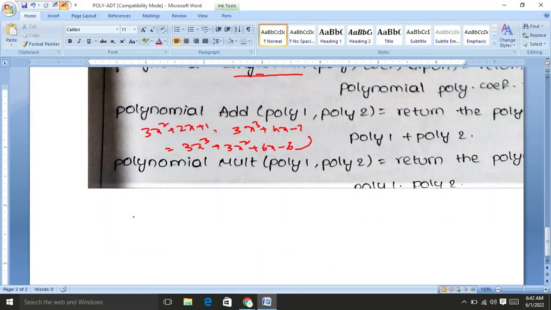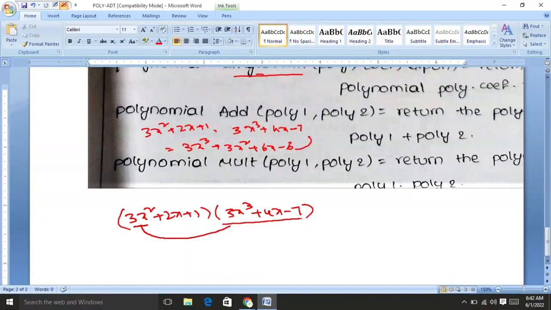Suppose we try to multiply these two polynomials, 3x square plus 2x plus 1 and 3x cube plus 4x minus 7. By using the first term, we multiply it with the entire second polynomial. That means 3x square into 3x cube, plus 3x square into 4x, minus 21x square.